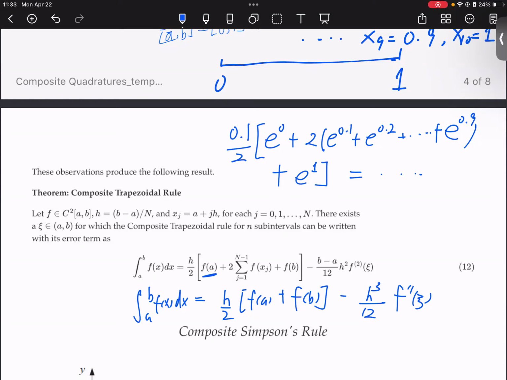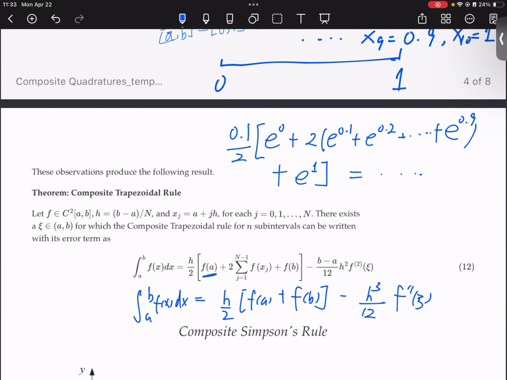It is h divided by n compared to this formula. Does it make sense? So usually we get more accurate results from the composite trapezoidal rule. In practice we usually use the composite one, and seldom do people use the simple one because its approximation is not accurate enough. Any questions?